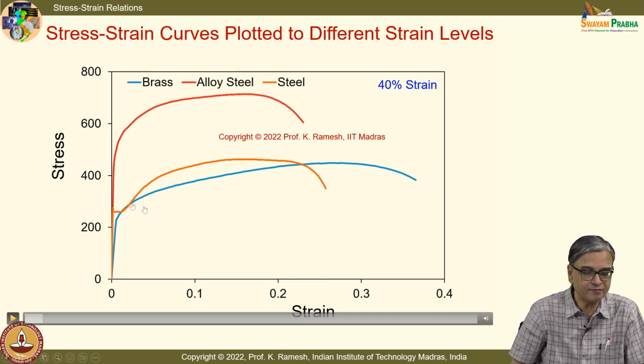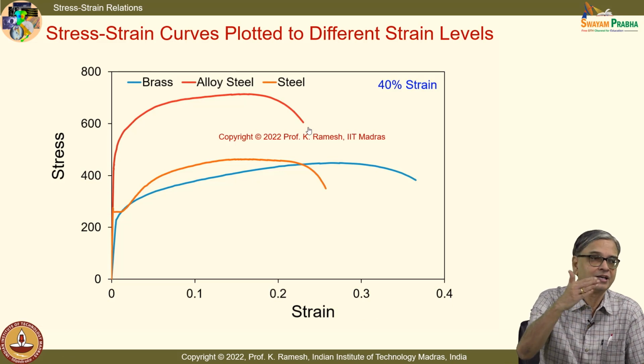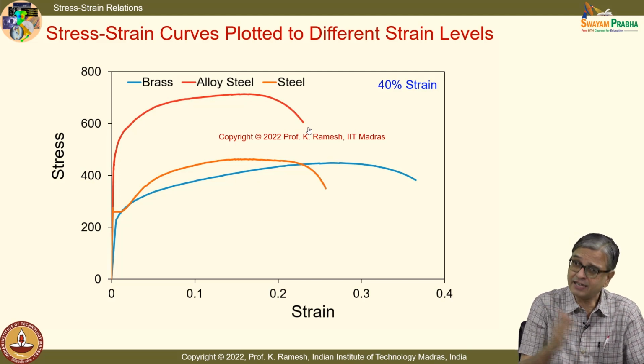See, what I said was, when I have a mild steel, it fractures at a larger strain. When I have an alloy steel, I have improved my yield strength, but this has shifted to the left. So, you always have a trade-off. When you want to increase the yield strength, you may have to lose something else. But people also have addressed this.